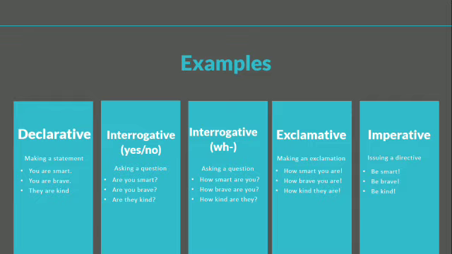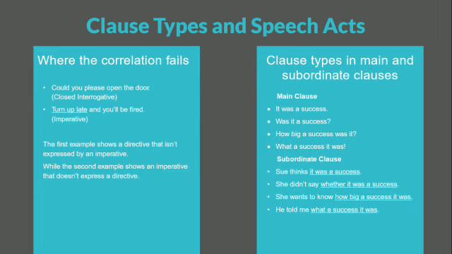Just look at the example. Be smart, be brave, be kind. It gives you a directive. That's the point. Okay, so right now we are going to talk about where the correlation fails.